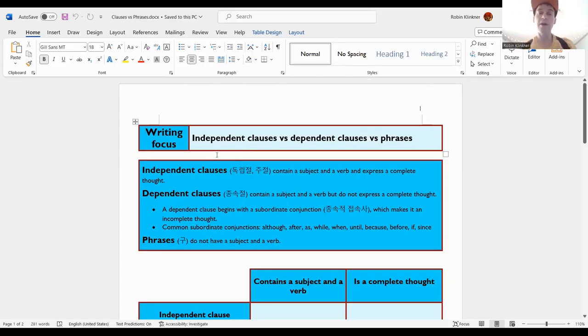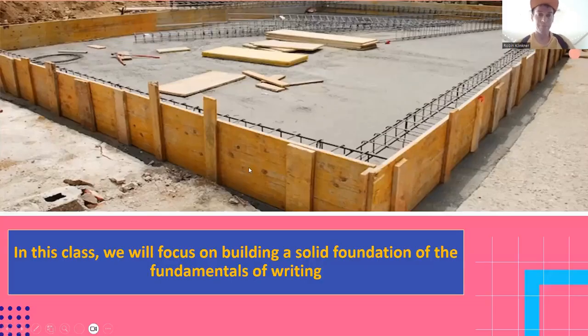So just know that the information that's in the slide is also contained in this handout. And actually in this handout is an activity that you will also do. So let's go back to the PowerPoint presentation and let's begin.